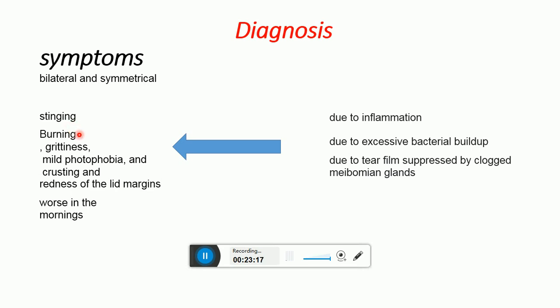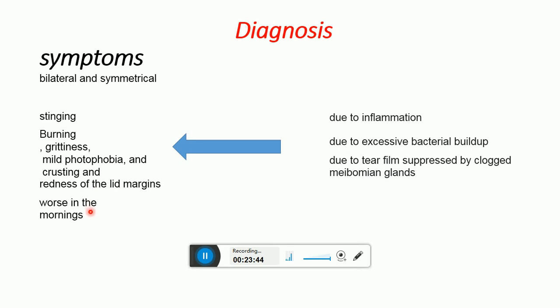The other symptoms are burning, grittiness, mild photophobia, crusting and redness of lid margins. There are remissions and exacerbations.